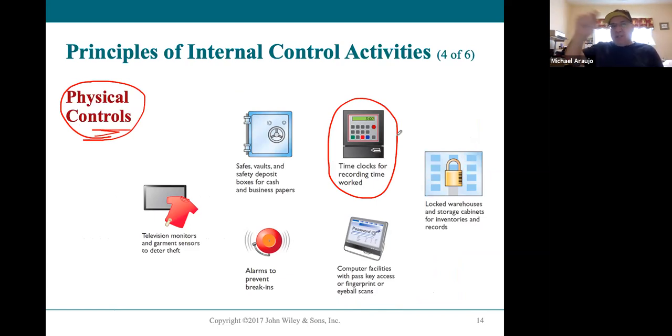Because it's easy to have someone clock in for you, and you show up an hour late, but you got paid for the hour. That's an example of fraud, where an employee is stealing from an employer. What do you guys do at your work, for those that are working or have worked? Has anyone used a time clock, or is it something different?